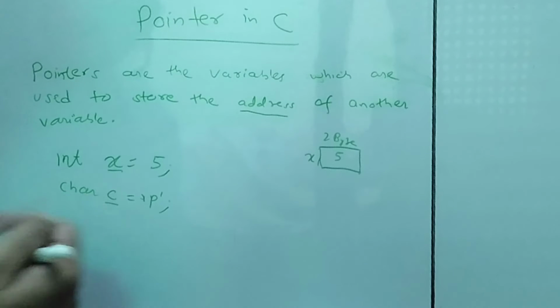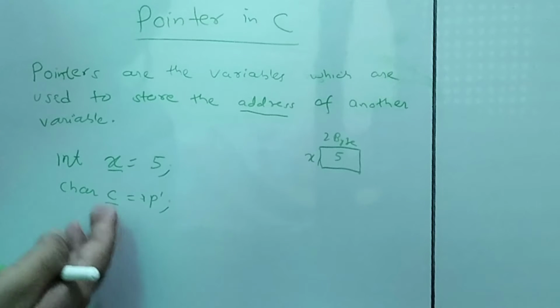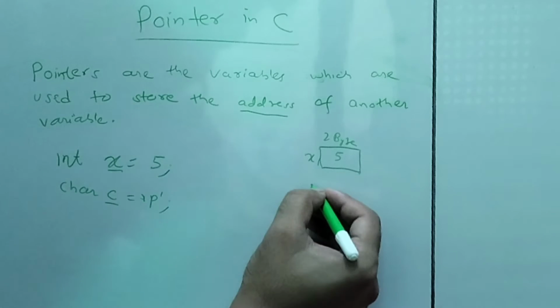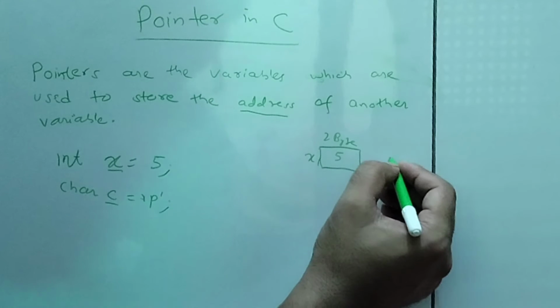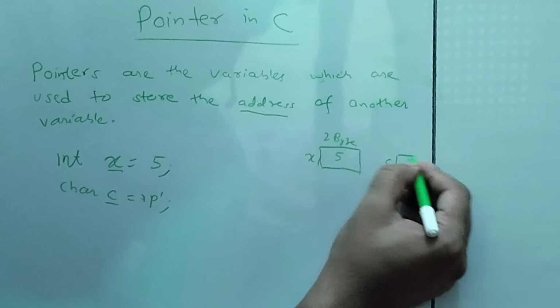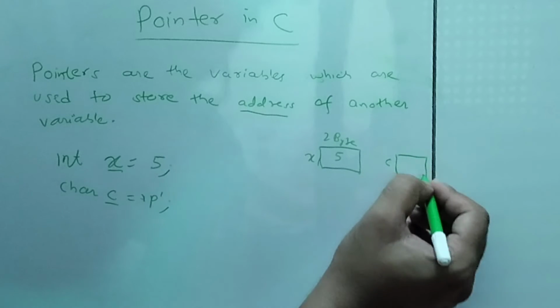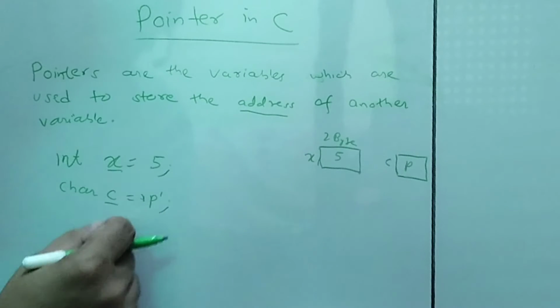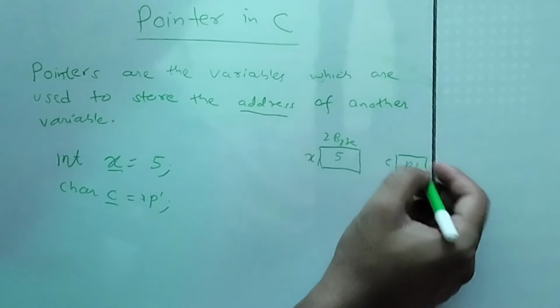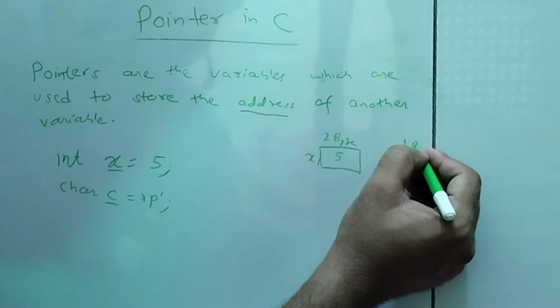For character c, some memory will also be assigned, and this character will be stored there. How much memory will be assigned? The size of a character is 1 byte, so 1 byte of memory will be assigned.